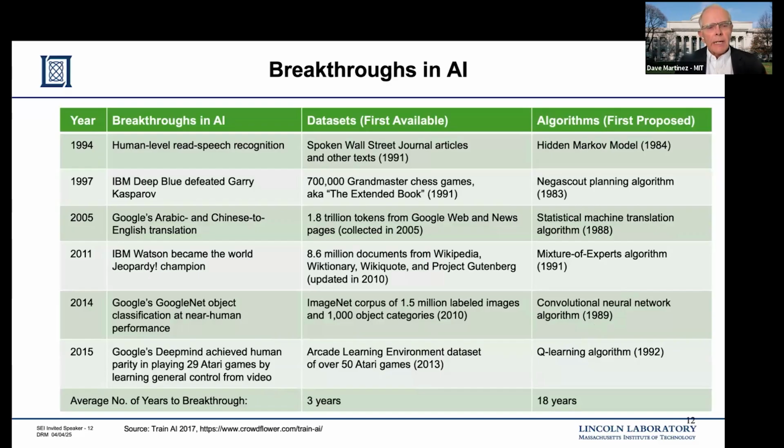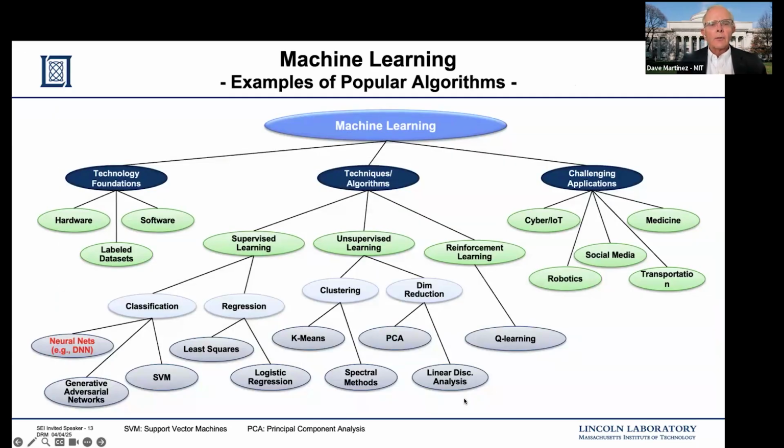And that, with computation, is what led, for example, to this row here on the 2014 GoogleNet object classification at near human performance. The one right before that, 2012, was AlexNet. The main takeaway from these is that the algorithms shown here on the right-hand side have been around for a long time. It's the advent of the data and the advent of the computation.